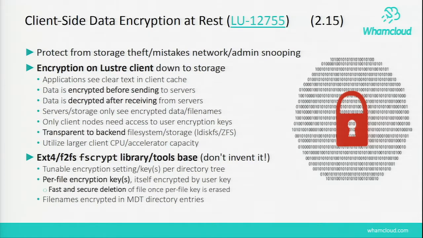And we're basing this on the kernel fscrypt support. So we're not trying to develop our own encryption. People who are smart enough to develop their own encryption know that they shouldn't develop their own encryption. So FSCrypt was developed by Google for ext4, and it's in F2FS, another kernel file system.